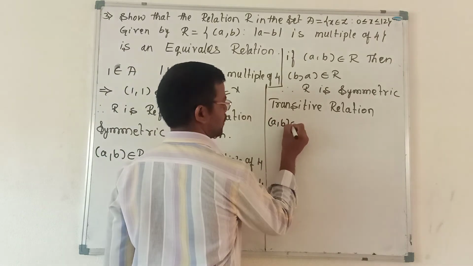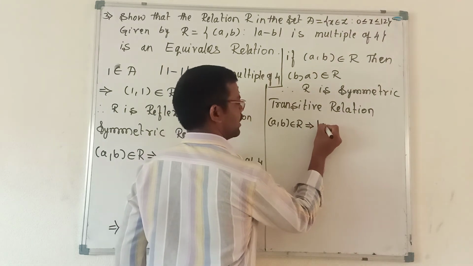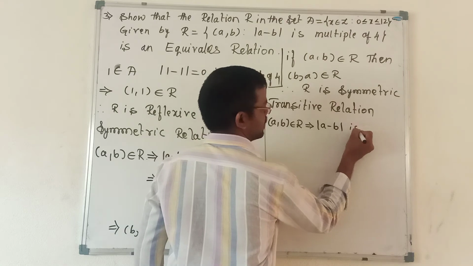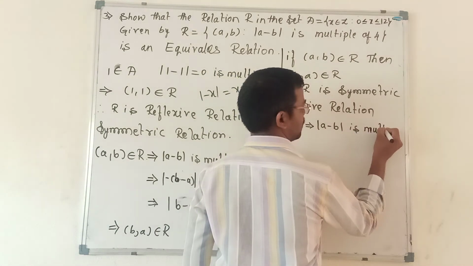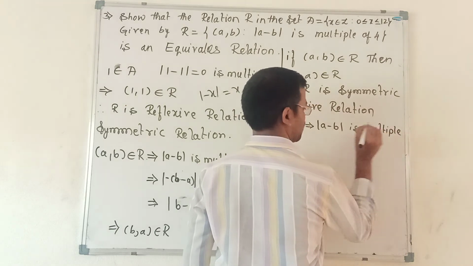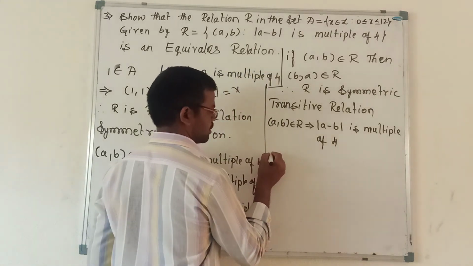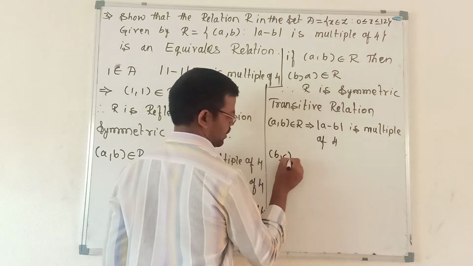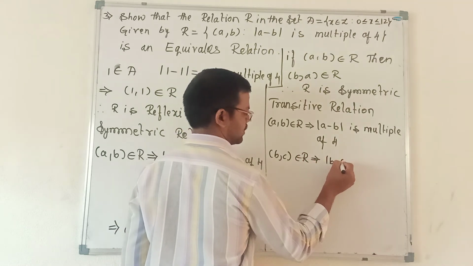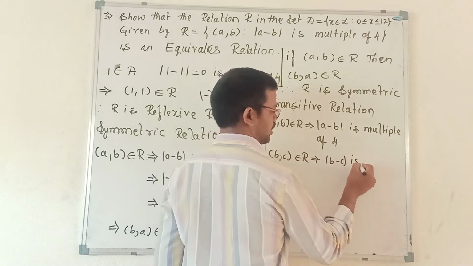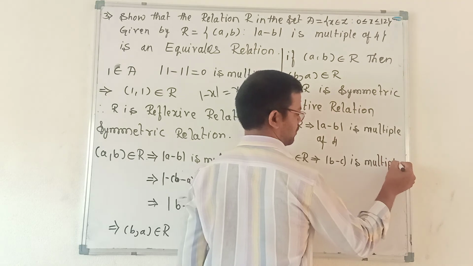A comma B belongs to R. If A comma B belongs to R, then mod A minus B is a multiple of 4. Next, B comma C belongs to R. It implies that mod B minus C is a multiple of 4.